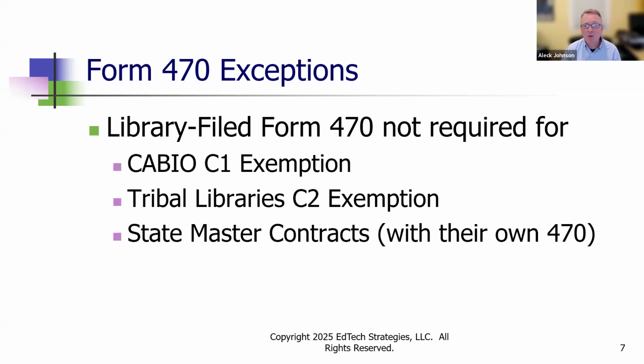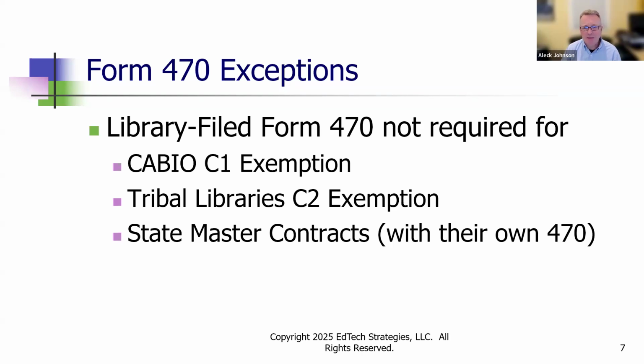Now, this is something that only applies to libraries. It's something that some of our school brethren would love to have, but do not. And if you look at materials that are aimed primarily at schools, they'll usually leave this out. So it's something to just keep in mind as a special opportunity that's available for libraries.